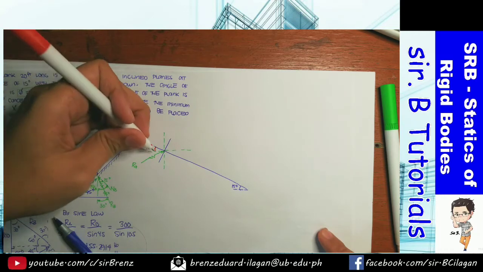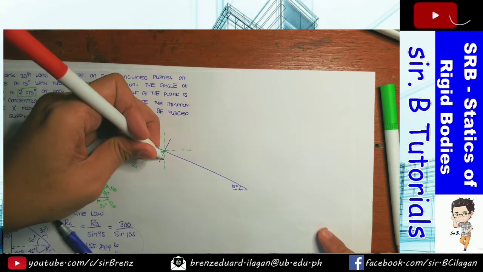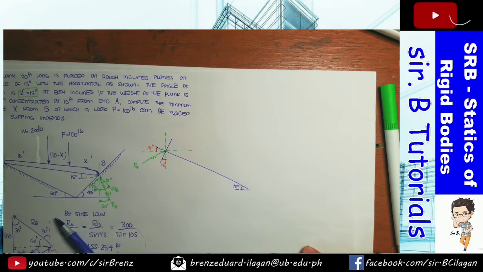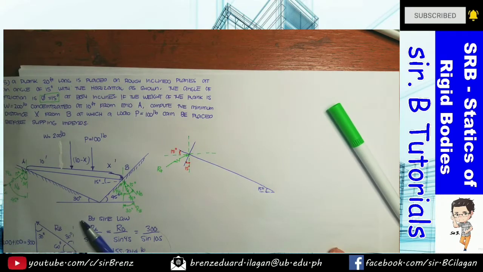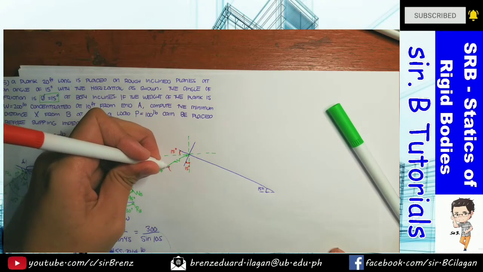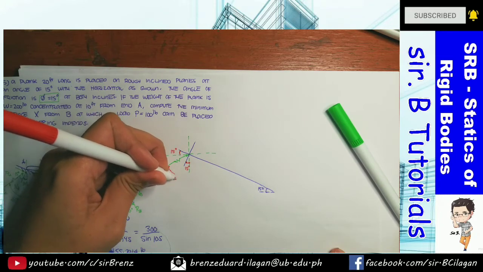And then, kung 15 degrees to, ano yung angle na to? Di ba 15 degrees lang din to? Okay? So, coming from this figure, ano yung angle na yan with respect to sa vertical? Di ba ito daw is equals sa 45.